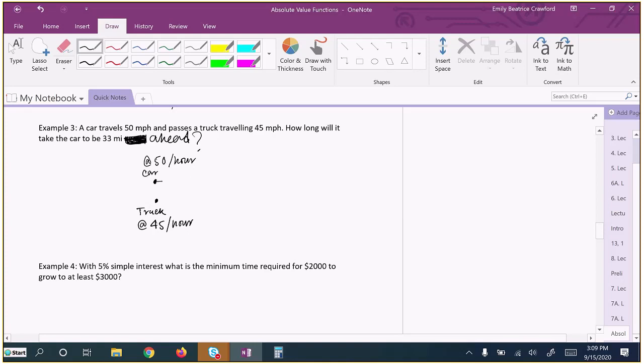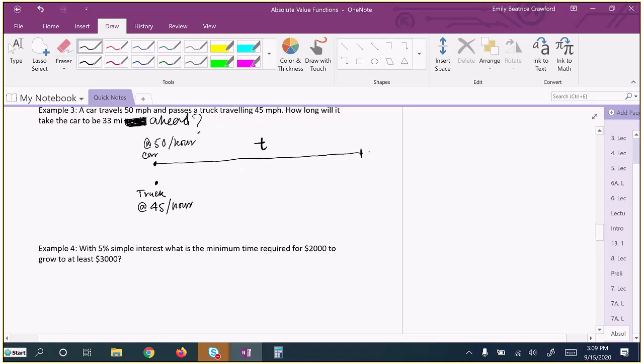So for the next certain amount of time, say after time t, I want to know the distance between the car and the truck. So both of them are driving for time t after the car has overtaken the truck. The distance between the truck and the car should be 33 miles. And I'm going to find this time.